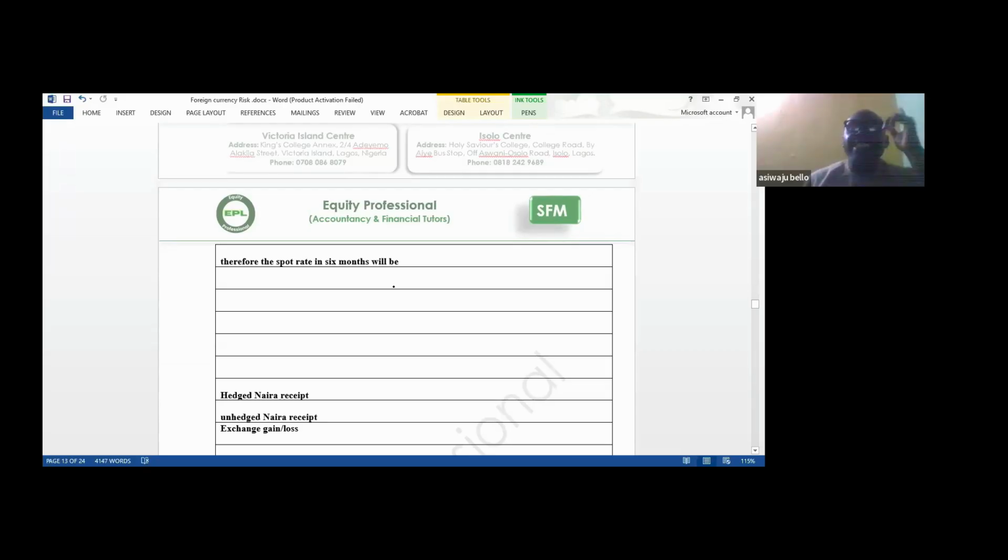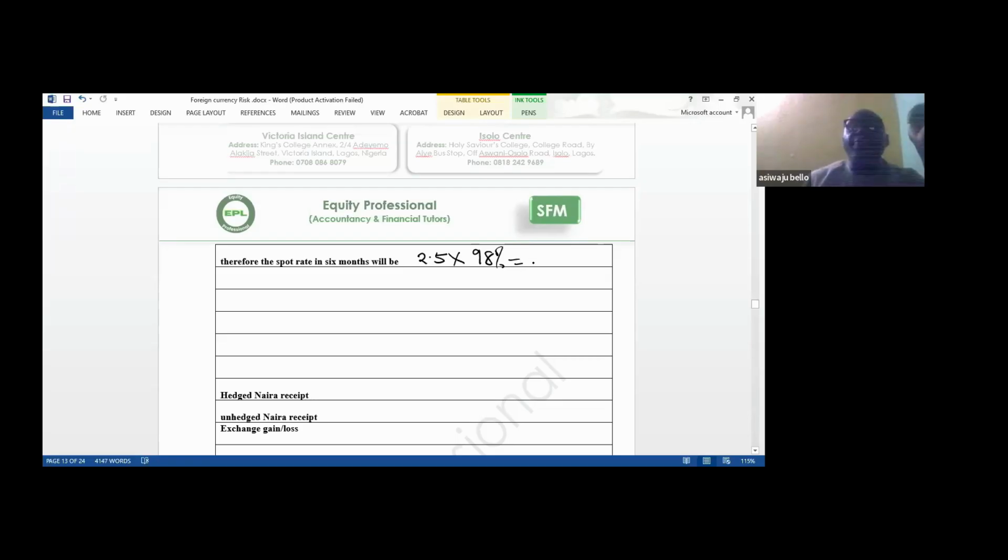This is how to do it: 2.5 multiplied by 98%, which means you have removed 2%.